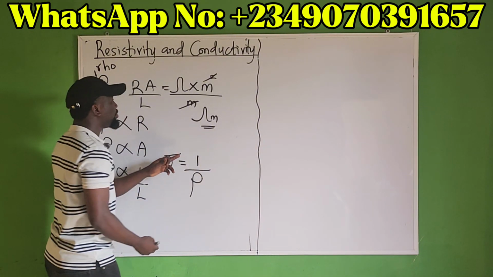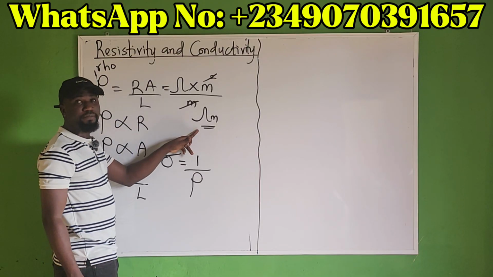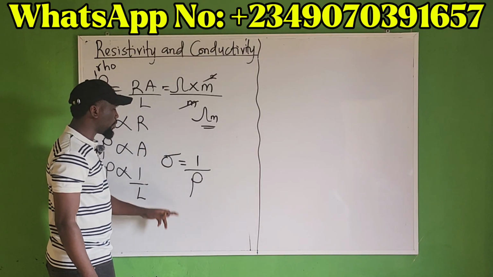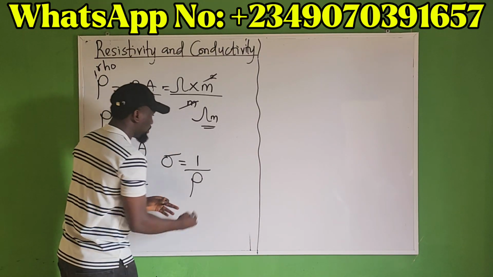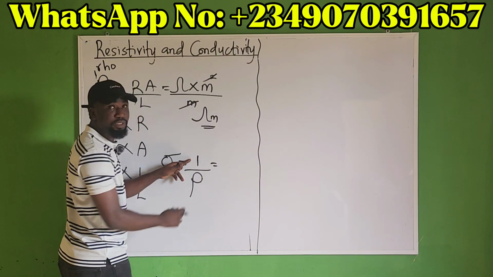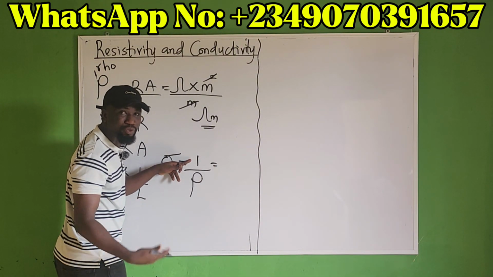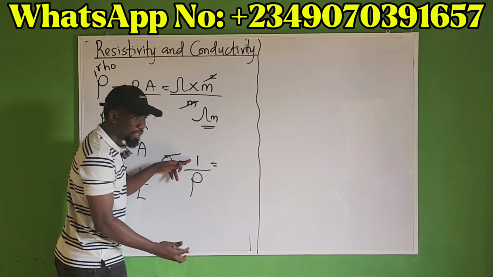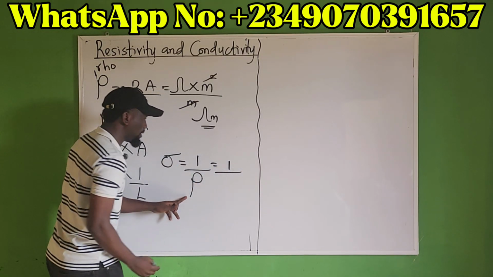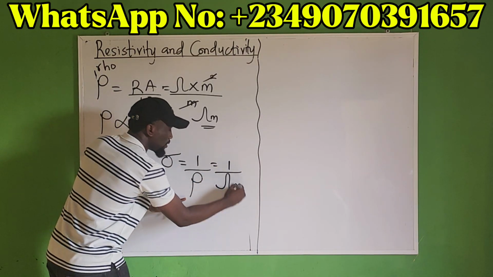And we have gotten the unit of resistivity to be ohm meter. What then will be the unit of conductivity? Let's check this out. This is 1, which has no unit, it's a constant value. So it is 1 divided by ohm meter.